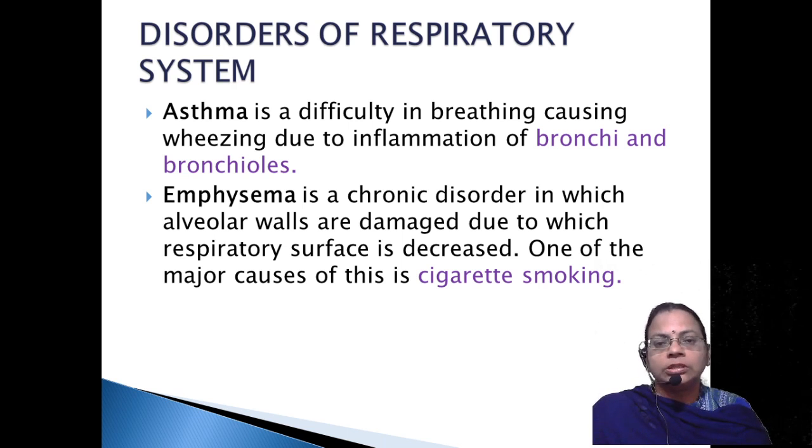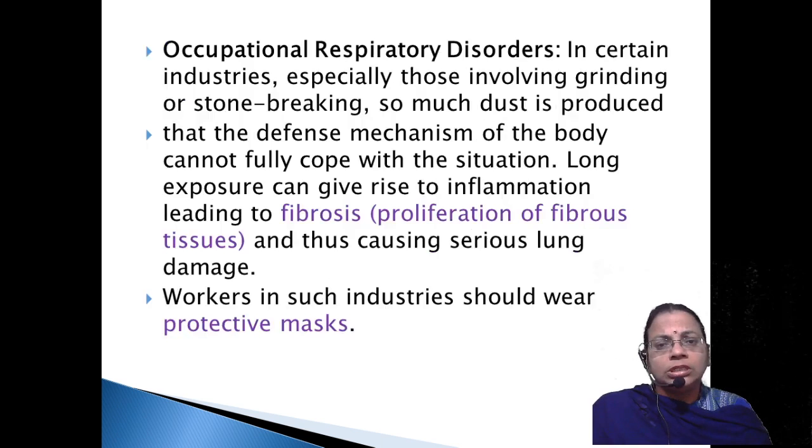So it is a chronic disorder. Finally, it will result in malfunctioning of the lungs, and due to the deficiency of oxygen, the person will be affected with respiration. The third category is occupational respiratory disorder.